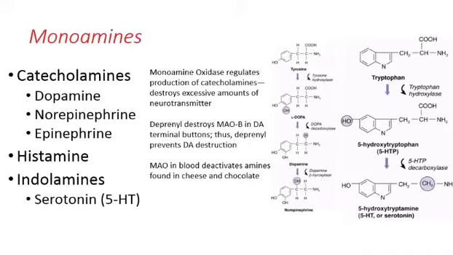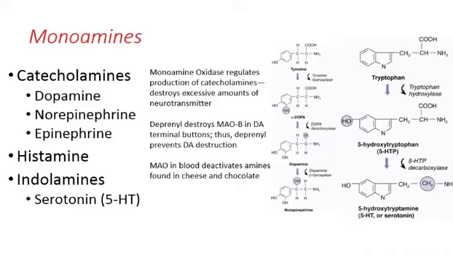The MAO, monoamine oxidase, in our blood actually deactivates certain amines in mostly stinky cheeses and chocolate and some red wines, and that's really important because it keeps those amines from boosting our blood pressure to dangerous levels.